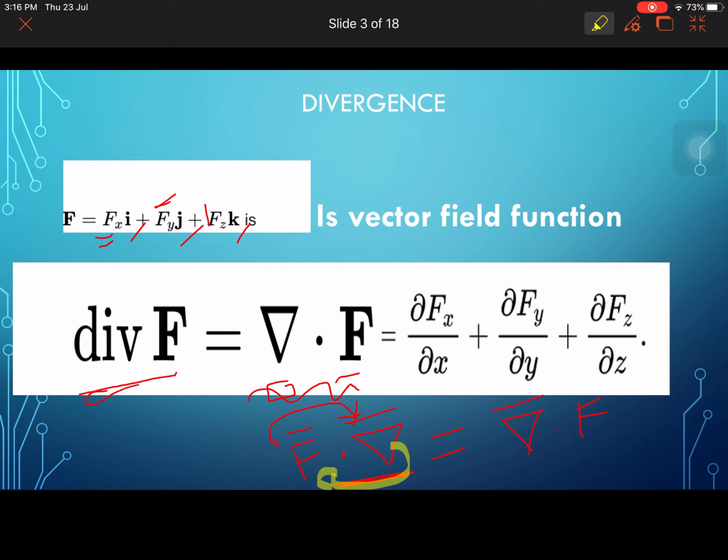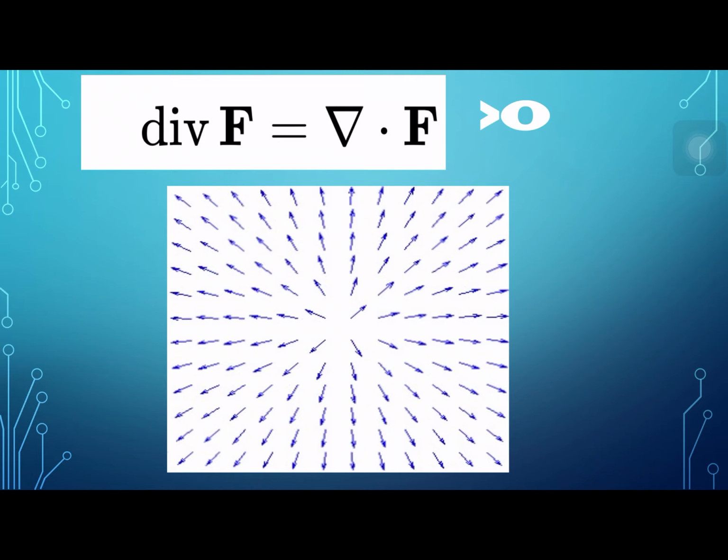So it is good common sense to write it like this. You may say that del bar dot f bar equals f bar dot del bar because a dot b equals b dot a, but generally this is the right method of writing, because the operator is what we operate on a particular field.